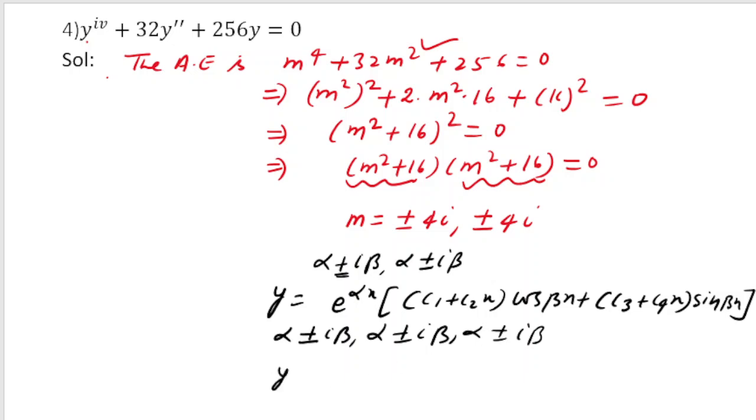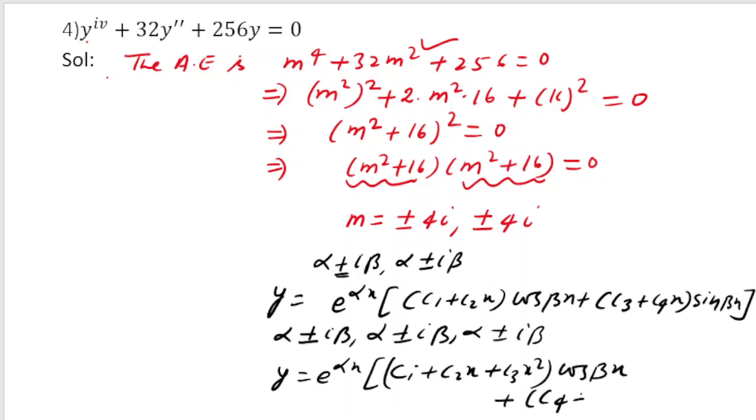Then the solution will be e^(αx) times [(c1 + c2x + c3x²) cos βx plus (c4 + c5x + c6x²) sin βx]. The number of arbitrary constants will be 6.